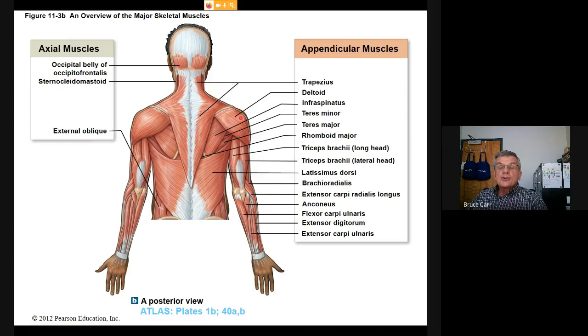And the reason for that is the joint is up here and the connection is below it. Now, when I abduct my shoulder with the deltoid, I stretch the latissimus, and I can strongly adduct by contracting the latissimus to pull it down. The final motion for the pectoralis major is to supinate the hand.